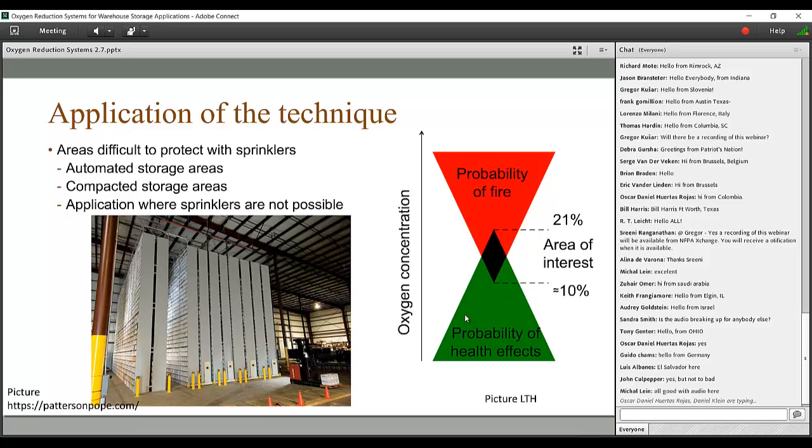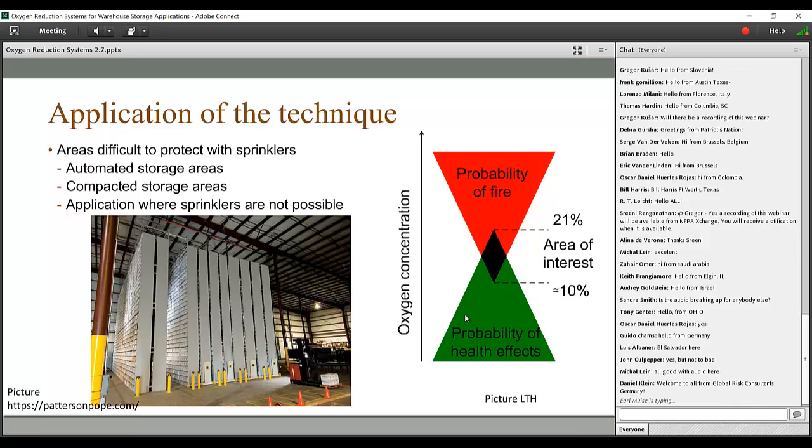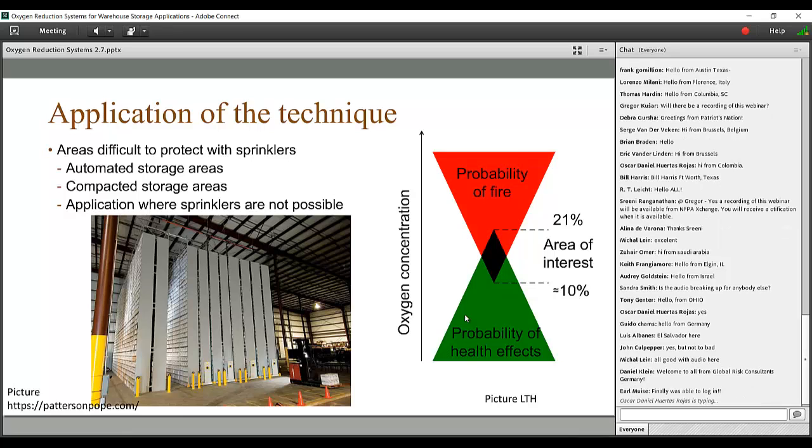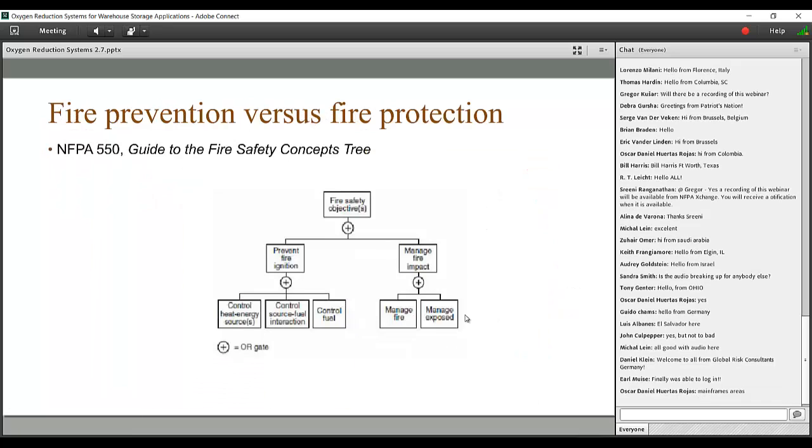And there are also applications where sprinklers are not at all possible, and that can be in very low temperature freezing areas. On the left you see such a compact system where the goods are picked up from a kind of rack storage. So that is the application of the principle and how it works.